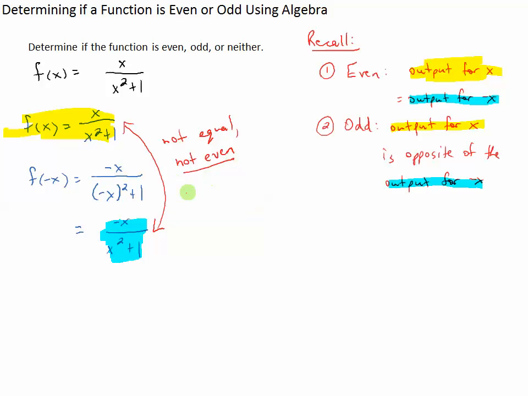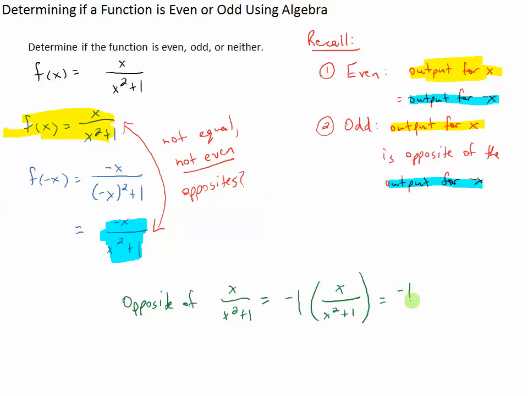Now the question is, are they opposites? It may not be that easy to realize. So let's again look at the opposite of the original function. Okay? So the opposite of x over x squared plus 1 equals negative 1 times that. Well, negative 1 is the same thing as negative 1 over positive 1.